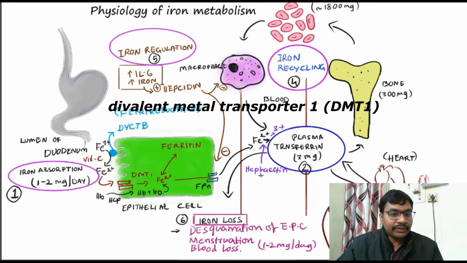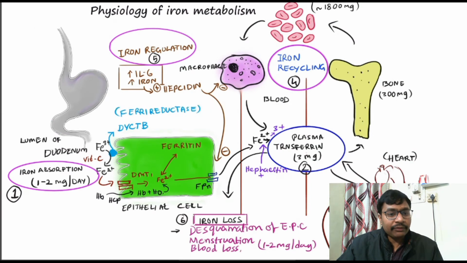The majority of dietary iron comes in the ferric, oxidized form, which has to be reduced into the ferrous form, Fe2+, in order to pass via the DMT1 receptor, the divalent metal transporter. The reduction process is taken care of by DYCTB, duodenal cytochrome B, a ferroreductase enzyme.